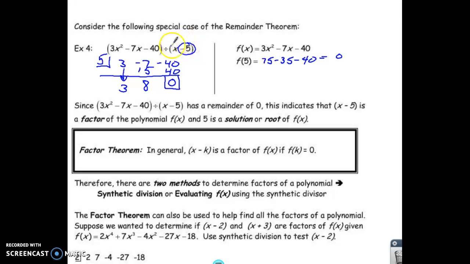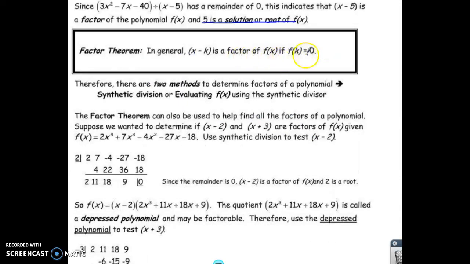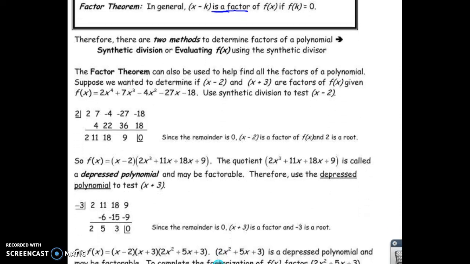That means that x minus 5 is a factor of this. It went into this evenly, and 5 is a root. 5 is a solution. So that's what it's saying in our box. When we get a 0, we know that what we were dividing by is a factor.